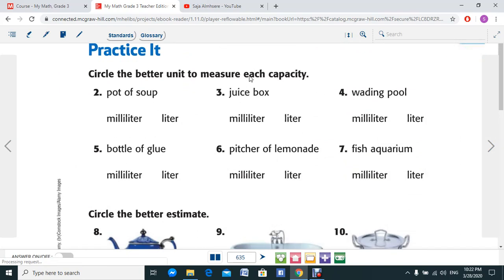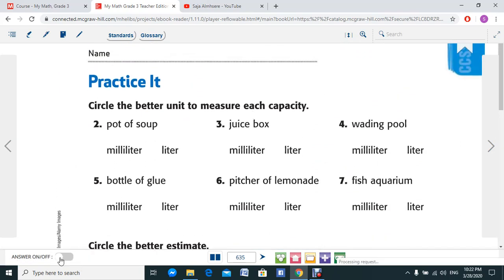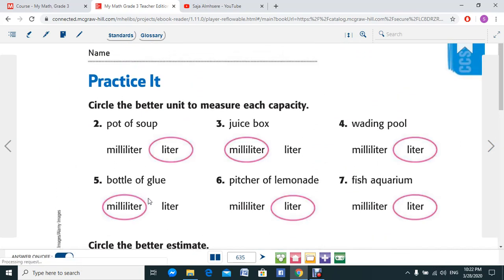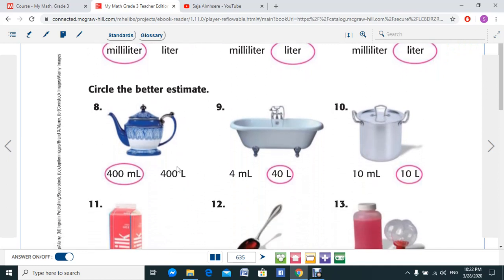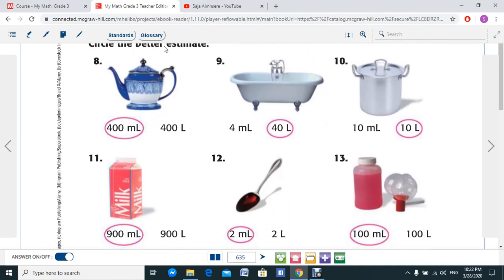Now, we did this question and those were the answers. We said that we use liter to measure most of them. We used milliliter to measure the capacity of a juice box and a bottle of glue because they are small. Now, this was your homework. Most of you did it correctly. We used milliliter to measure small items like the teapot.